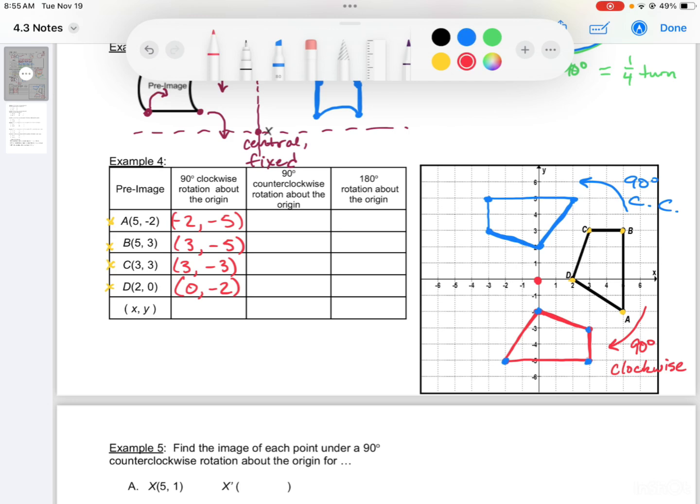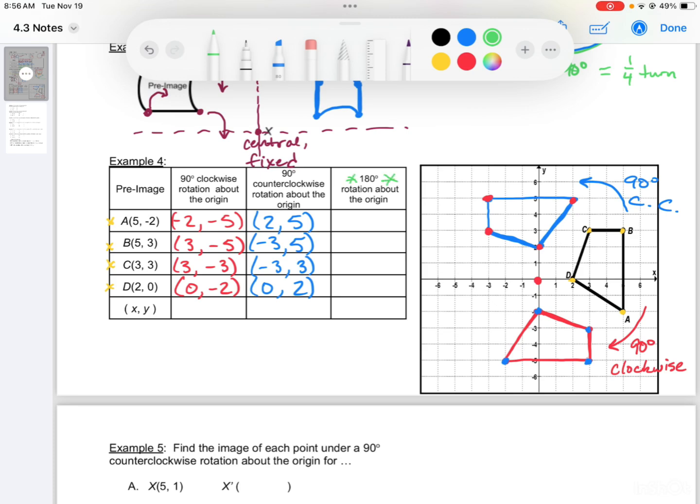I haven't changed anything about it. That's important. You shouldn't be changing shape or size or anything. But when I do that, I've now got a 90-degree counterclockwise rotation. And looking at its corners, they are at 2, 5. They're at -3, 5. They're at -3, 3. And they are at 0, 2.